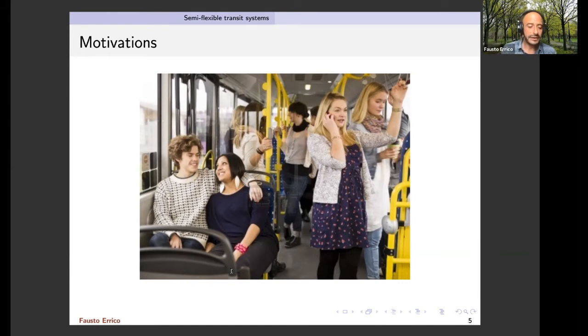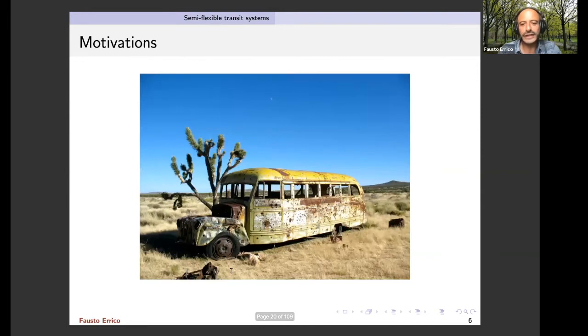But what happens when the demand is low? This could happen not only in suburban or rural areas, but also in the city, at times when the demand is low, such as at night.